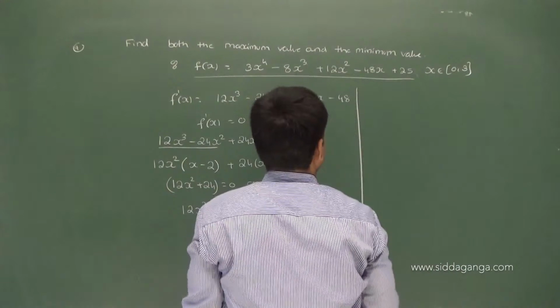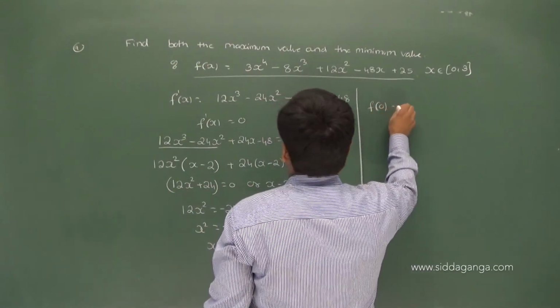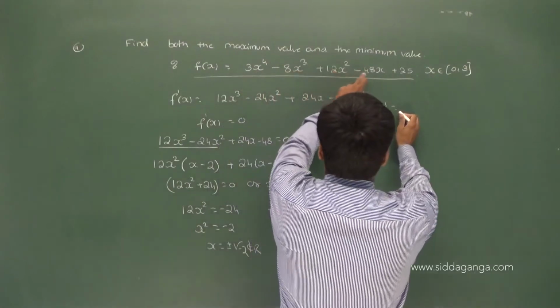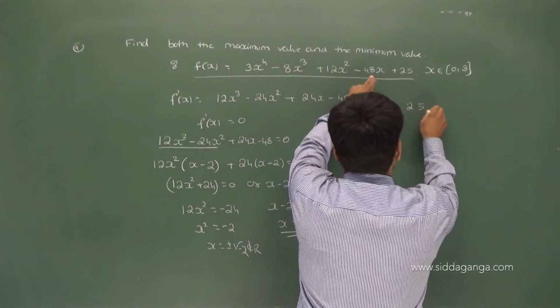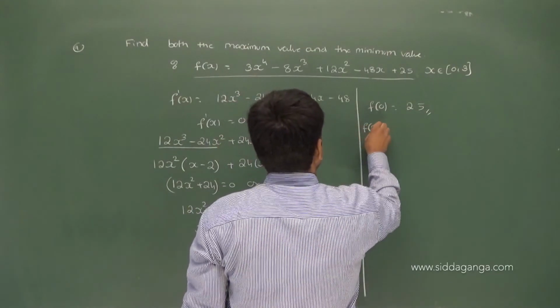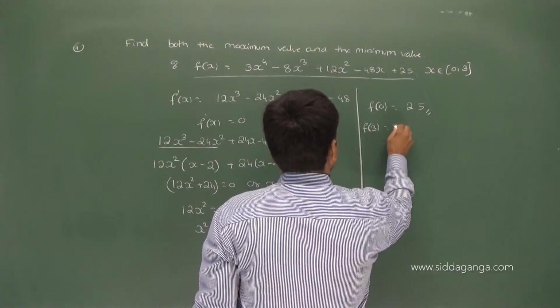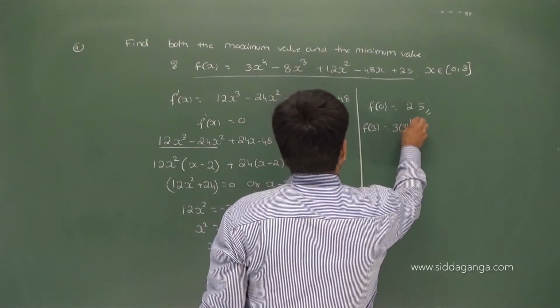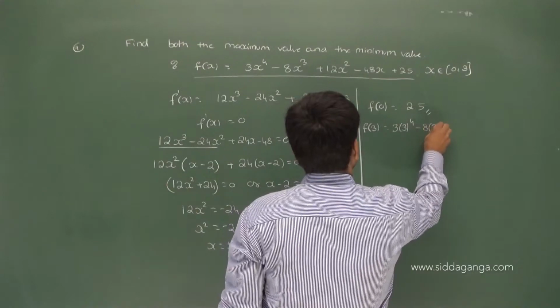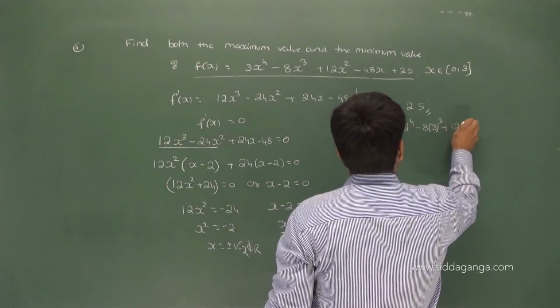That is very important. First I write f of 0. It is 0, 0, 0, 0, just only 25. Lucky number. Over. F of 3: 3 into 3 to the power 4 minus 8 into 3 cube plus 12 into 3 square.